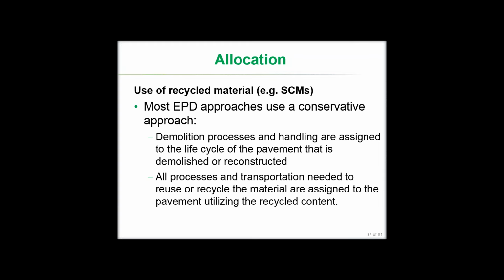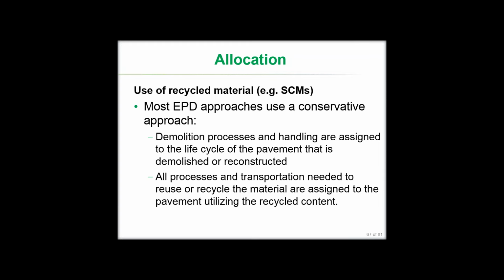It's the most conservative approach, and it's being used in the application of environmental product declaration, where it says, well, let's keep it as simple and as close to what we know for today. And what they're basically saying, if you produce recycled material, say you do a reconstruction of a pavement, then the pavement is being demolished, and it gets to maybe a temporary storage on site.